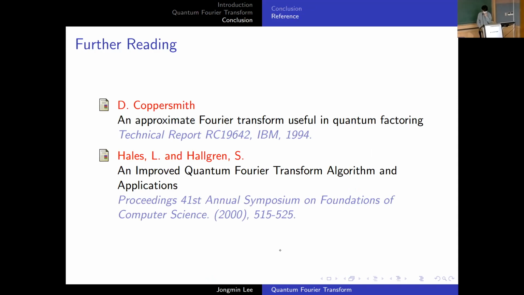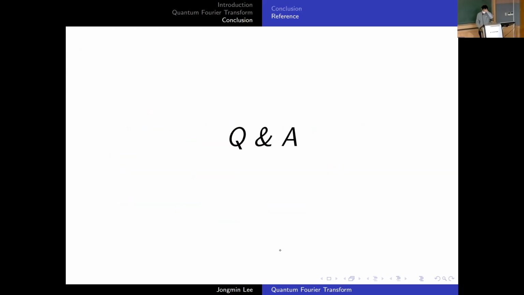This is the further reading. The first paper explains the QFT first, and the second paper improved the QFT method. Are there any questions?